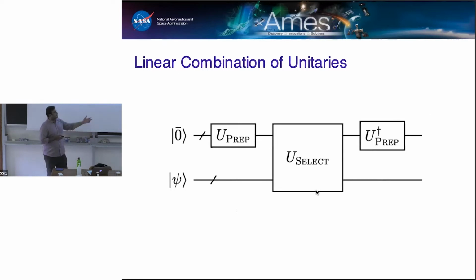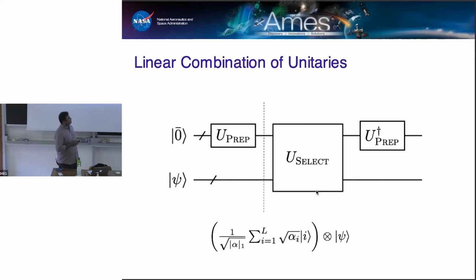We have an ancillary register on which we apply the U prep circuit. Once we apply that, we've produced this superposition of the amplitudes, which are given by the coefficients that appear in the sum of unitaries. But right now, the two registers are still unentangled, right?